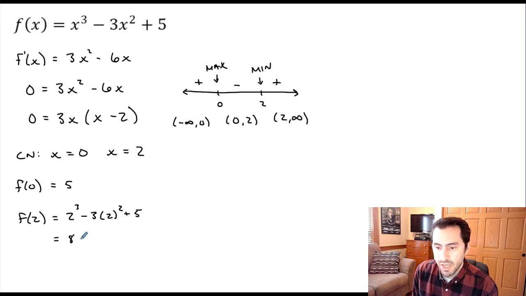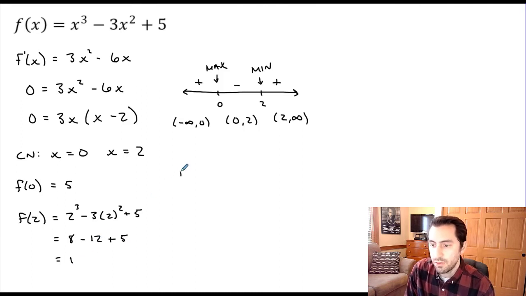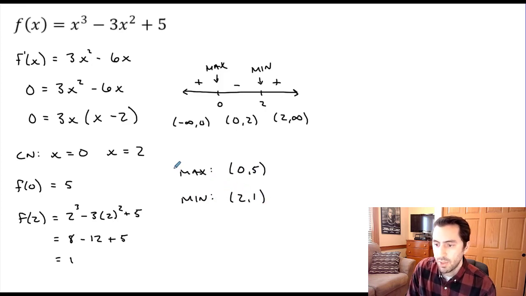So this is going to be 8. 2 squared is 4, so 3 times 4, I get 8 minus 12 plus 5. So that's going to be positive 1. So we have a local maximum at the point (0, 5), and we have a local minimum at the point (2, 1).